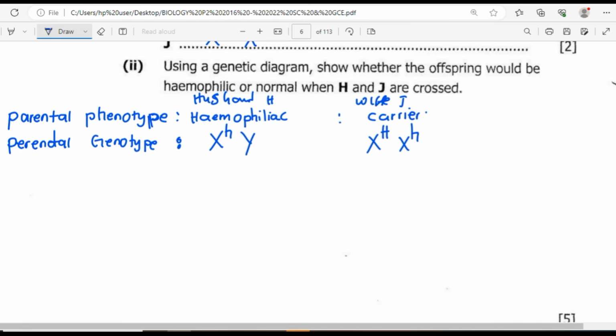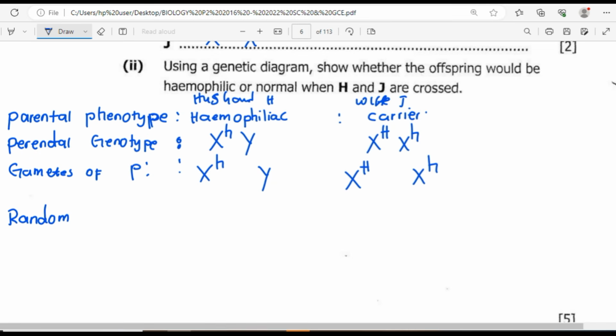Then what do you do? Let's look at the gametes of P1, which is the parental generation. You just have to spread this. Then let's look at random fertilization.